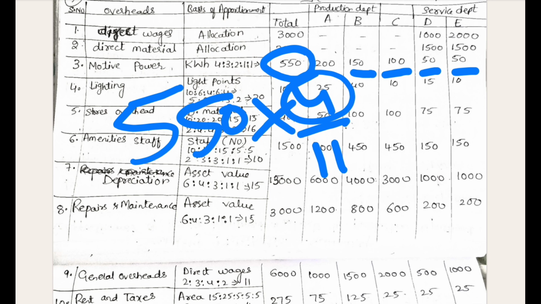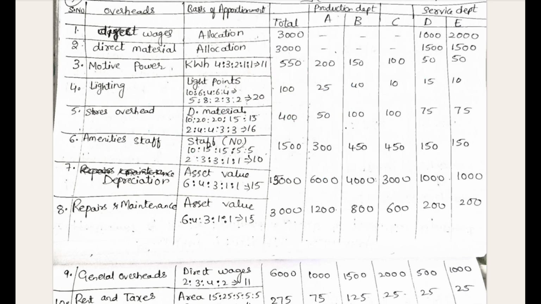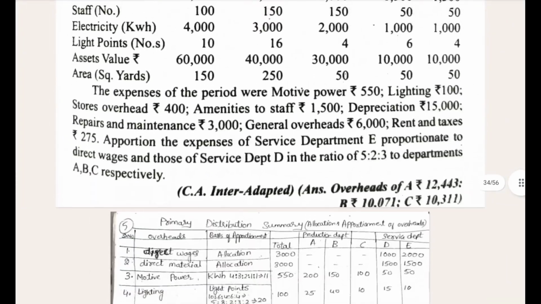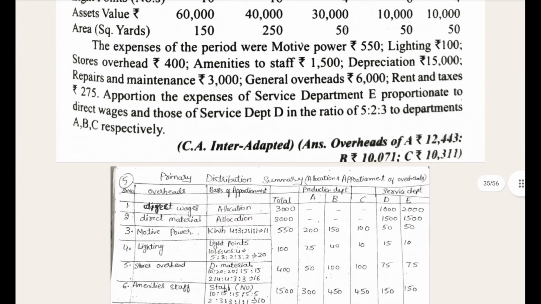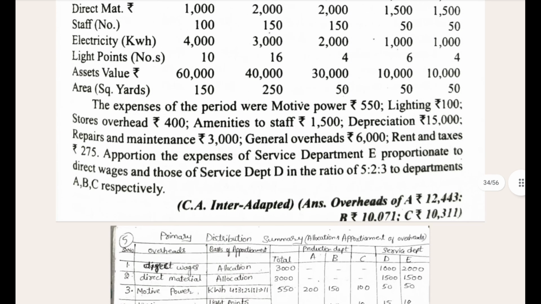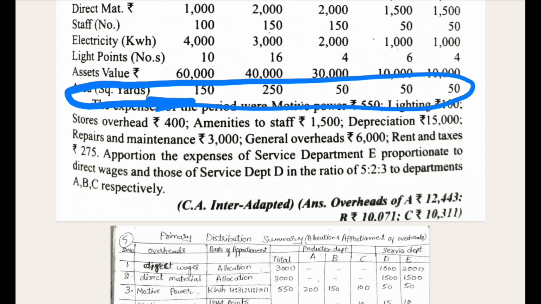It's clear, no? Now lighting: always we have to distribute on the basis of light points. If light points are given, we use light points. Otherwise, area. Don't get confused. In some problems we have distributed lighting on area.